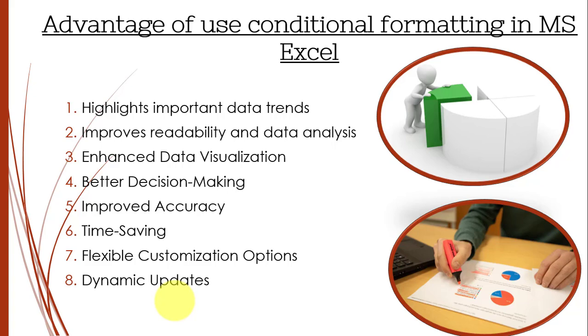That is why it's called flexible customization options. The final one is dynamic update. Dynamic update means it automatically updates. If you change the value and it satisfies your criteria, it will automatically highlight. Alright, so these are the 8 major advantages available with conditional formatting in Microsoft Excel.